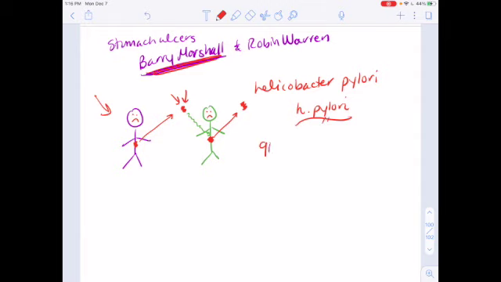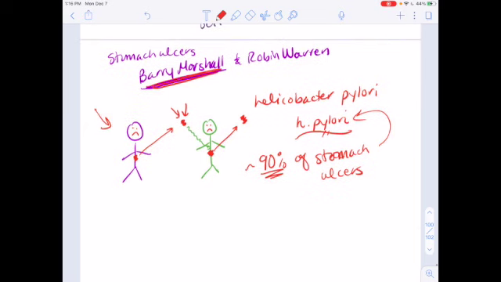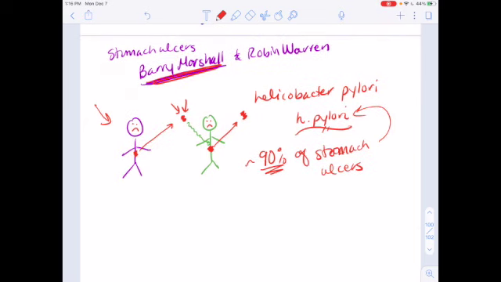About 90% of stomach ulcers are caused by an H. pylori infection. What's interesting about H. pylori is that it is found in the stomachs and in the lower GI, the duodenum, of healthy patients. There are people who have H. pylori as a part of their flora, and they don't get sick.